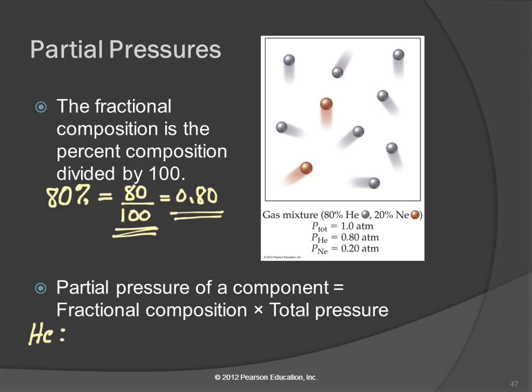To find the partial pressure for helium, we take 80% as a fractional composition and multiply by the total pressure, and we get 0.80 atmospheres. That equals the partial pressure for the helium.